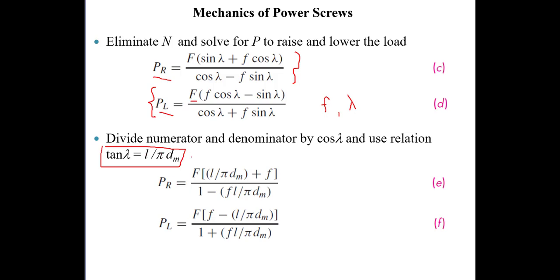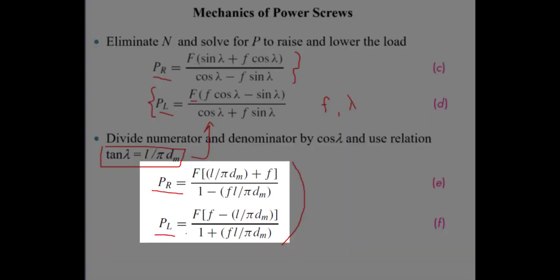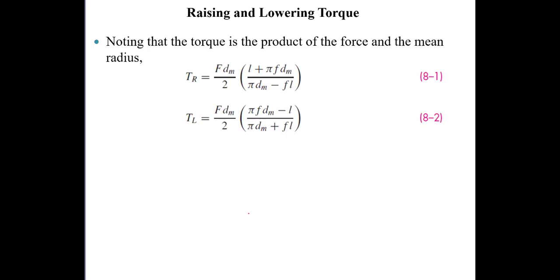We plug that into these equations up there, and we get equations E and F for raising and lowering the weights in terms of the force we're trying to apply axially, the lead L, the mean diameter, and the coefficient of friction. In order to determine a torque that must be applied, we are simply taking the force, multiplying it by a distance to the axis, and the distance to the axis would be the mean diameter divided by 2.